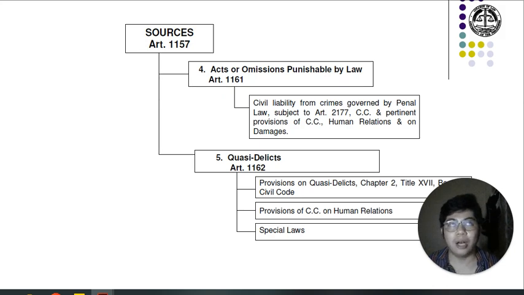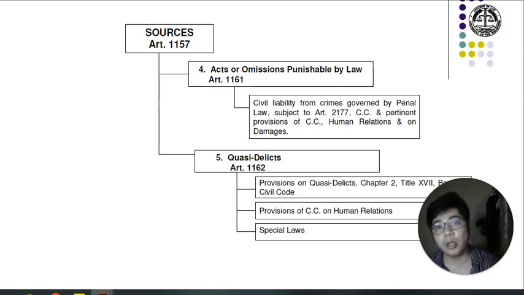Okay, so there was this case of Perez versus Pumar. The Supreme Court noted that in a quasi-contract there must be no express consent given by one party in favor of the other. So the consent needed in a contract is provided by law through a presumption or presumptive contract.